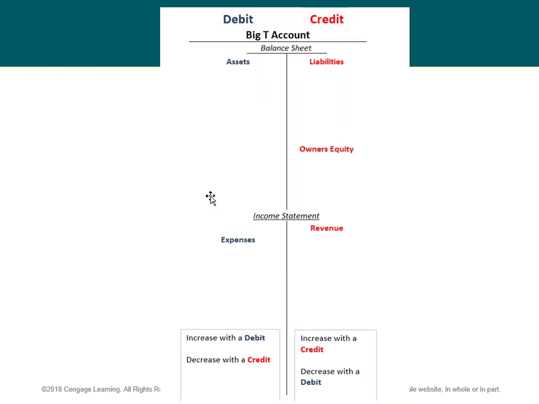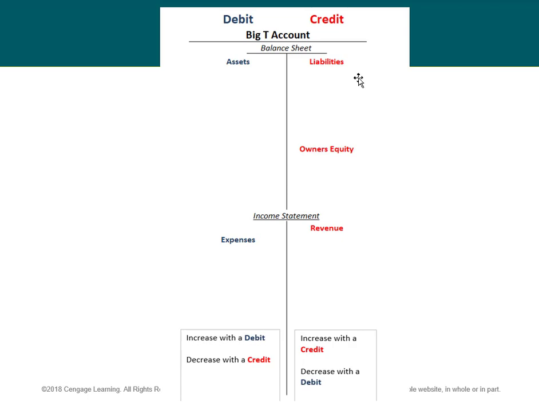And this is a chart that I like, that I use for keeping track of this. You can think of the balance sheet and the income statement as one big T account. Everything on this side increases with a debit, so your assets and your expenses. And if it increases with a debit, then it decreases with a credit, right?